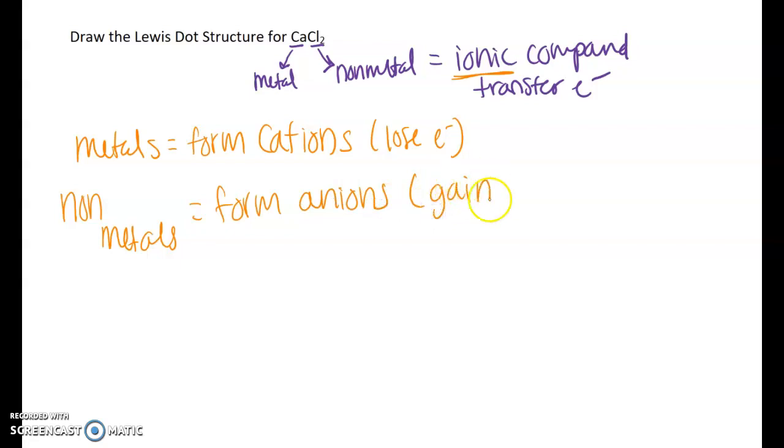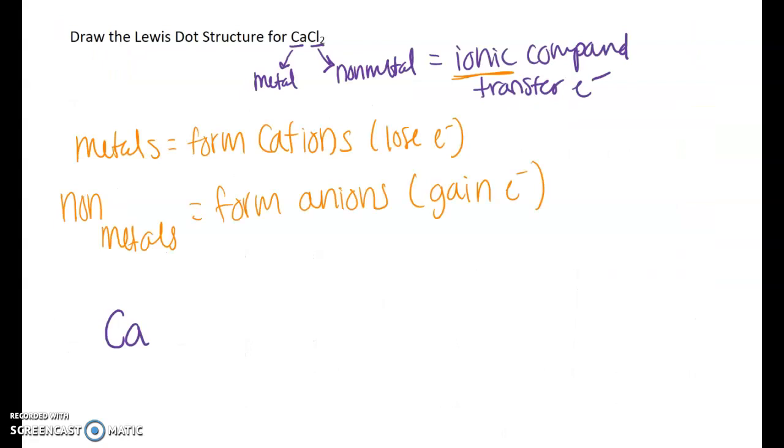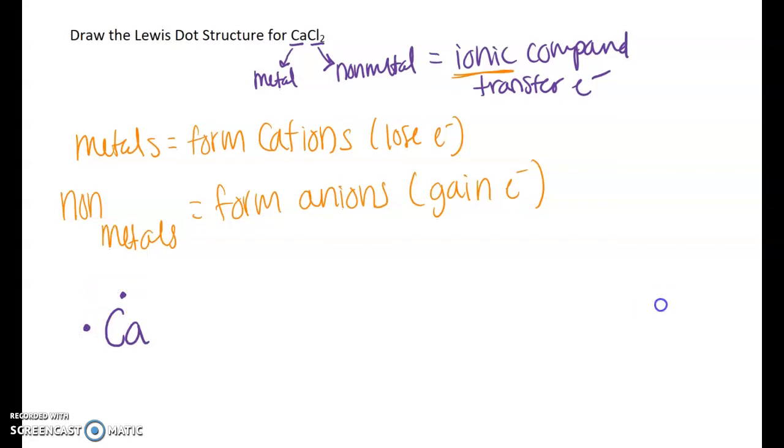These guys like to gain electrons. So for calcium, if you look at its valence electrons from our periodic table, calcium is in group 2, so that means it's going to have 2 valence electrons. So I like to draw little dots on the outside to show where we're starting.